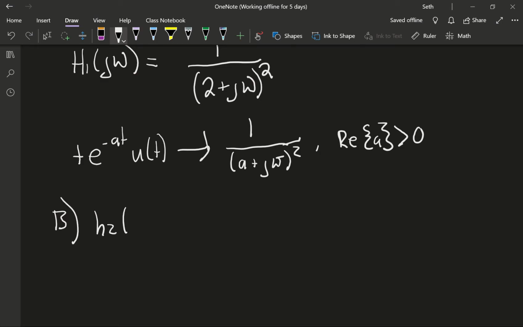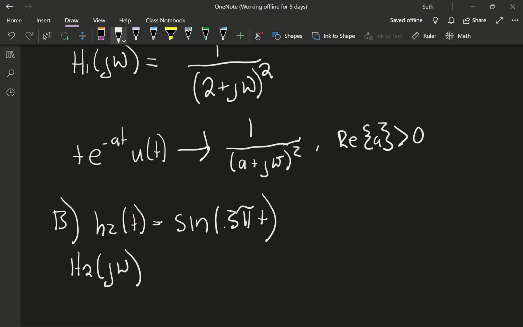H2 of t is given as sine 0.3 pi t. They want us to find H2 of j omega. Again, straightforward, go to your table of Fourier transforms.